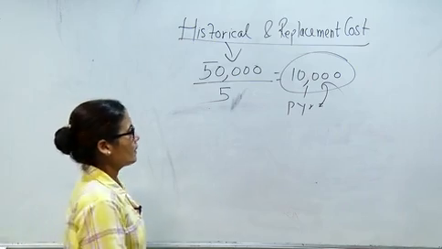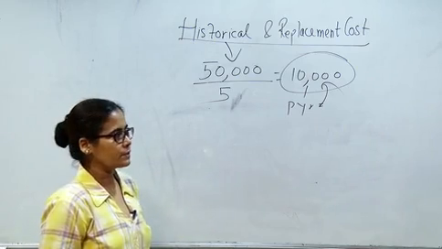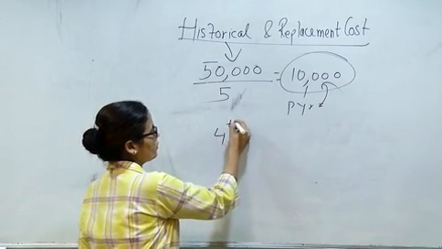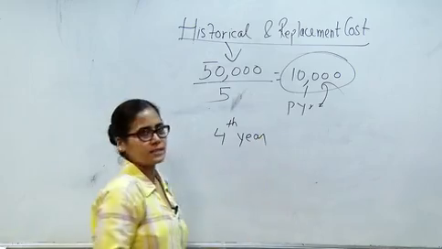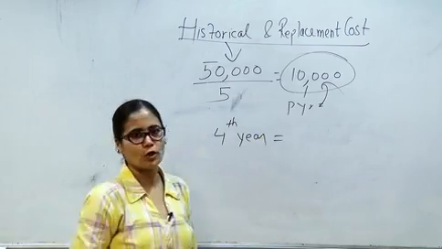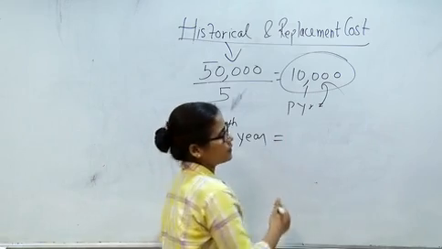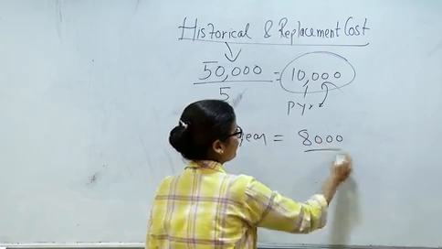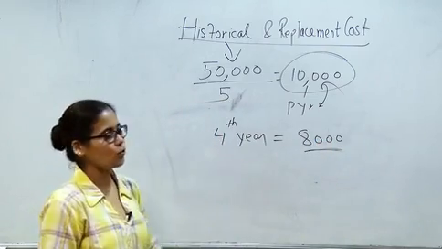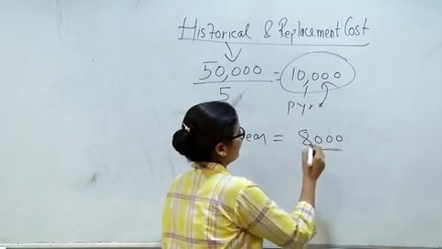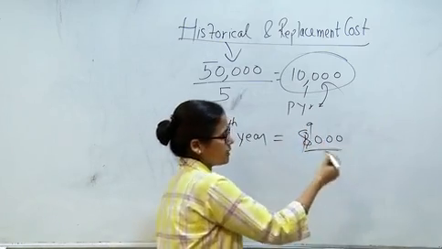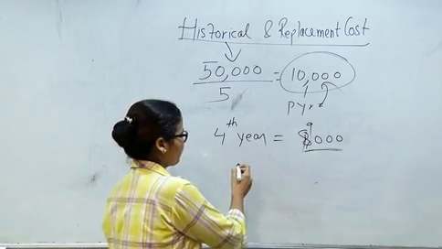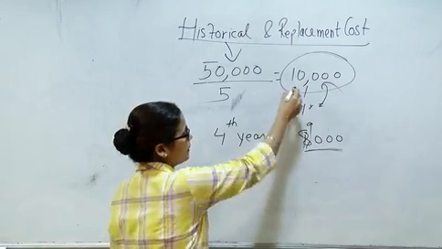Now we go ahead. Now what the economist says, that this machine which was having 5 years, suppose this machine in the 4th year, it is decided that this machine has to be sold off, and the machine gets sold off for, let's say, 8,000, correct? So if the machine gets sold for 8,000, or let's say we can put it even 9,000, whatever you want you can take up, 8 or 9. So now what will happen is you will minus this.